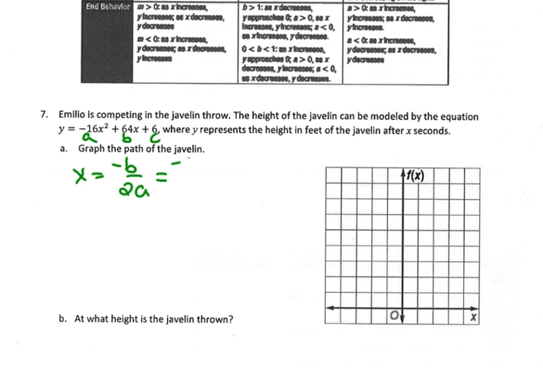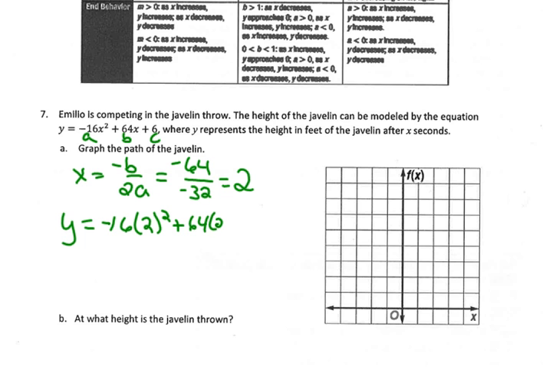So I'm going to have negative 64 over negative 32, which is 2. I'm going to put this into my equation to figure out what y is. So we're going to have negative 16 times 2 squared plus 64 times 2 plus 6.